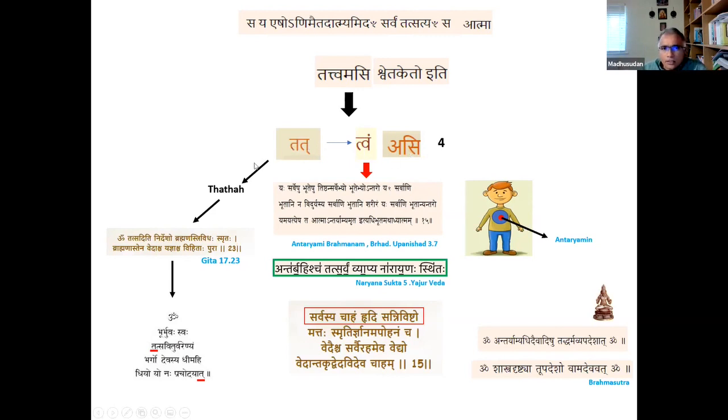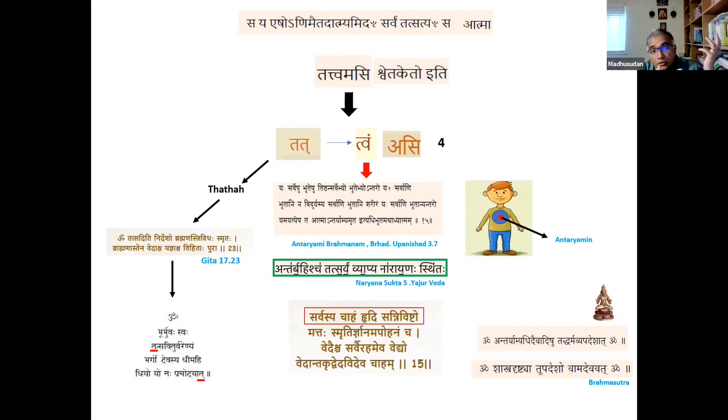Tat. Tat means what? Tataha, we know, that which is all pervasive. Antar bahishcha tat sarvam vyapya Narayana sthitaha. Correct? So he says, Tat, the one who is there everywhere, the same Tat is inside you, Tvam Asi. That is another way of looking at Tat Tvam Asi.